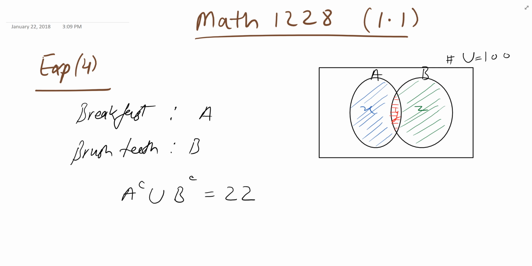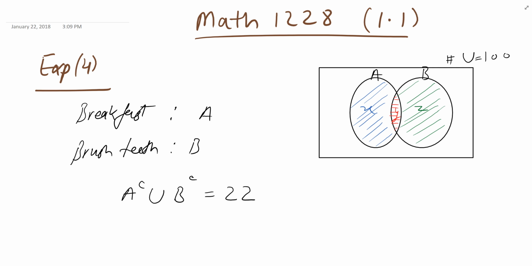You're talking about the union which is right there. This region is 22. So x plus z plus 1 is 22. X plus z plus 1, right?